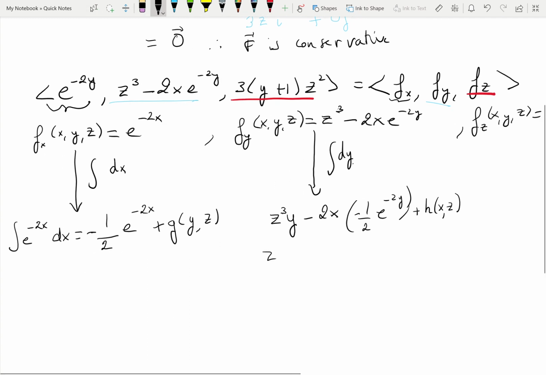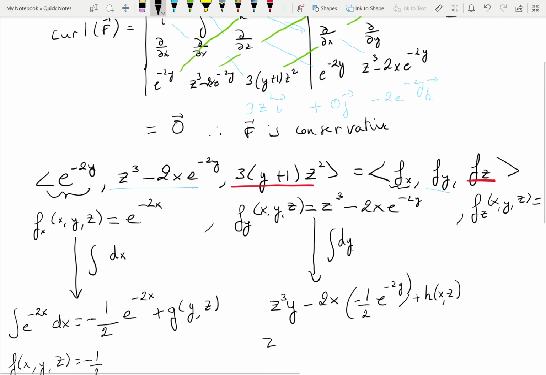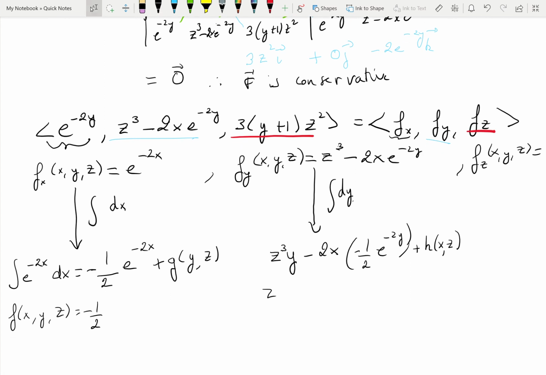Again, remember that what we did here, we partially recovered the potential function.